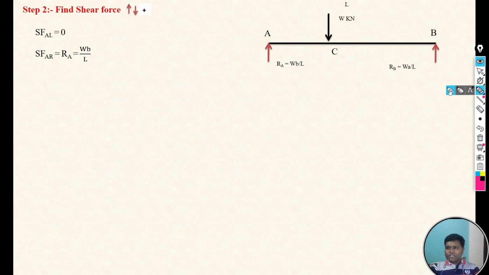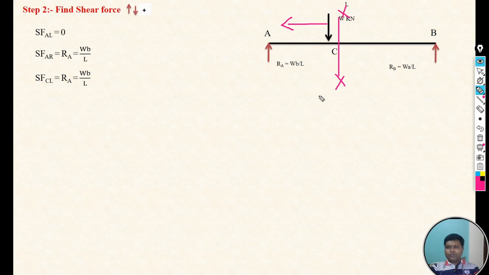After that consider the section at C left, then focus on the left of that particular section, because we have started our calculation from left to right. Again one force is there, that is RA, and the direction of RA is upward, so it is again positive. The shear force at C left is again RA, that is WB by L. After that consider the section on the right of the C point, and then focus on the left part.